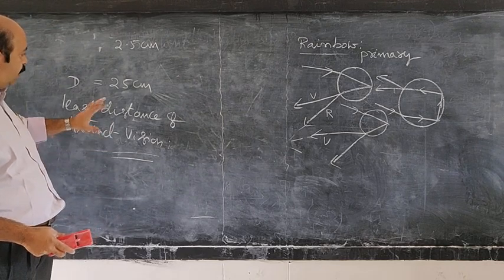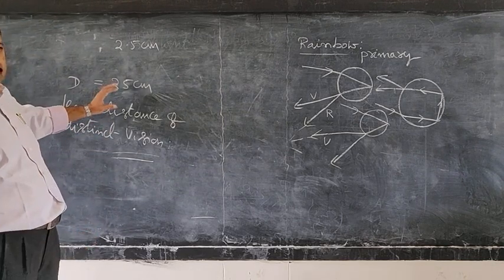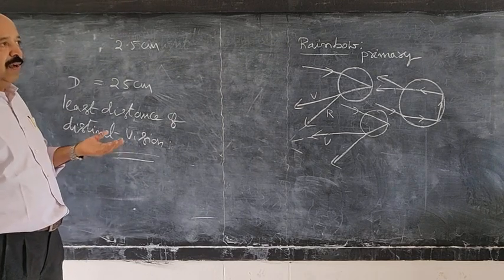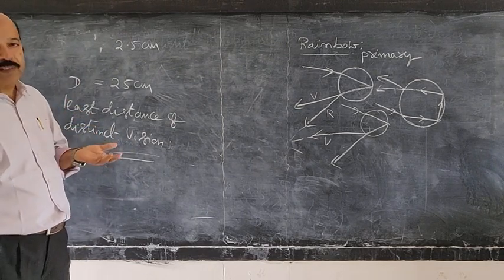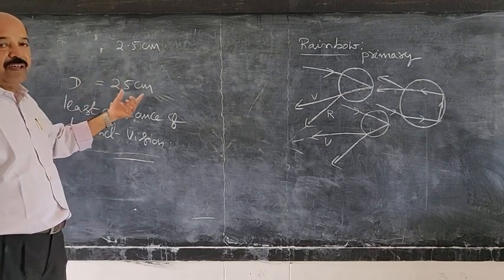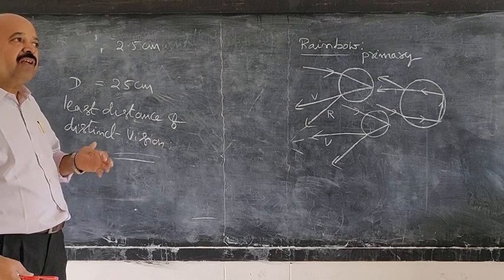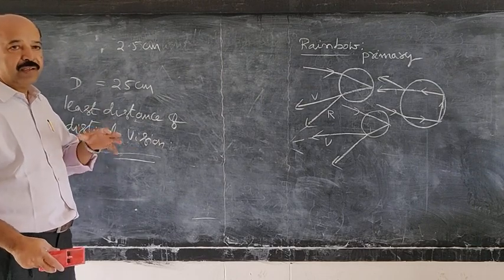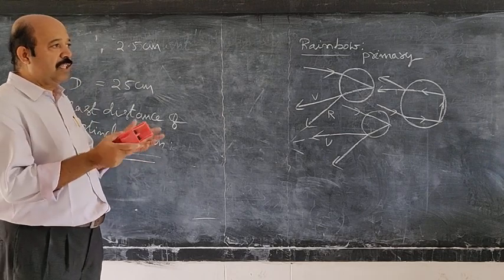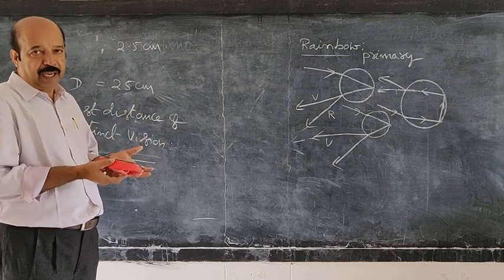Due to this limited distance up to which we can see clearly, in persons who are about 60 years or so, the minimum distance of clear vision increases because the muscles lose their ability to adjust the focal length of the eye.